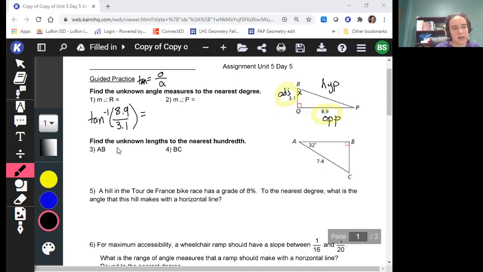And that gets us 70.7196. Remember that when we're dealing with an angle, we are rounding to the nearest whole number. So we have a 7 after the decimal place, so we're rounding up, so 71 degrees.